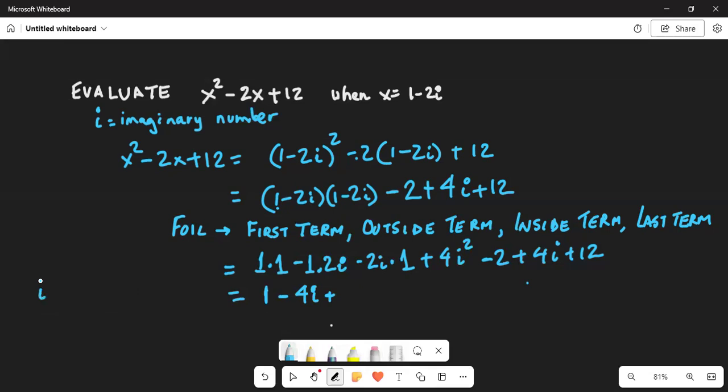So i squared is equal to minus 1. We'll use this property. So minus 4i plus 4, for i squared I will write minus 1. And then minus 2 plus 4i plus 12.